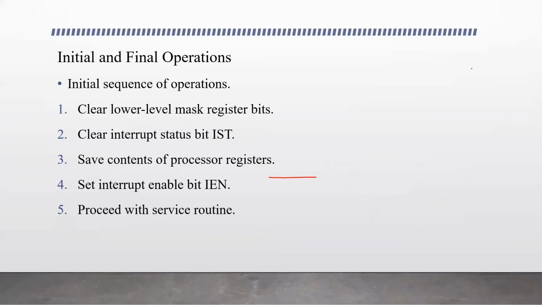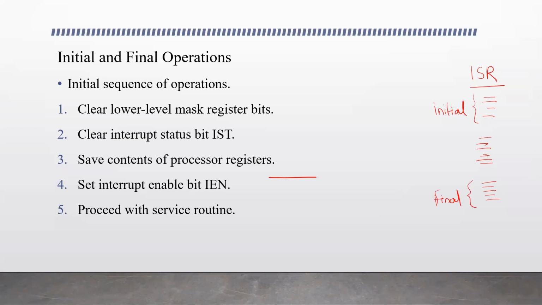When this ISR is executed, if we consider the instructions given in it, you can divide it into three parts. The first is the initial instructions, then the actual instructions that are to be executed, and the third is the final set of instructions.